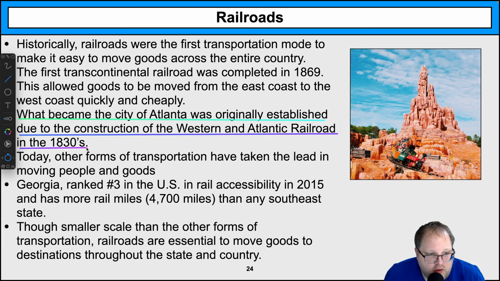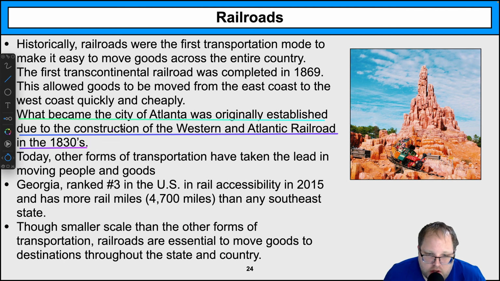Now, the city of Atlanta was originally known as Terminus, because that was a central location in the state of Georgia where a lot of different train tracks would have ended, and the passengers could have gone from one rail line to another. And that's what the name Terminus meant. It's where the rail lines terminated.